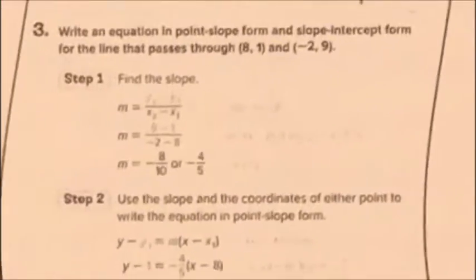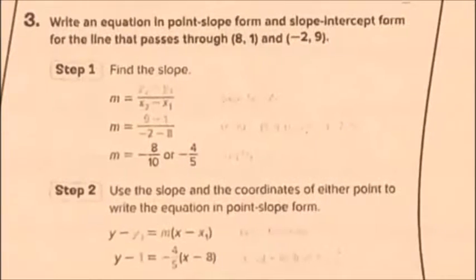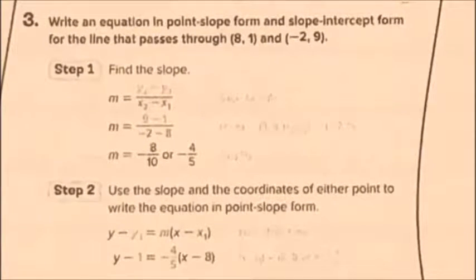Example number 3 says write an equation in point-slope form and slope-intercept form for the line that passes through 8, 1 and -2, 9. The very first thing I want to do is find the slope. I use my slope formula, y2 minus y1 over x2 minus x1.